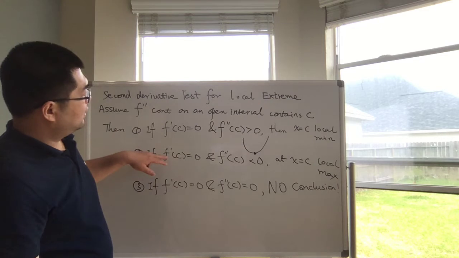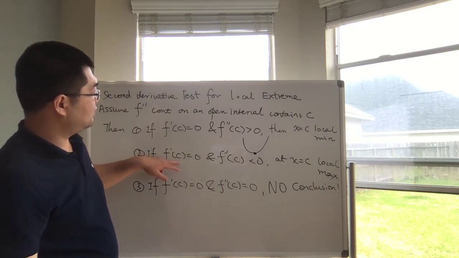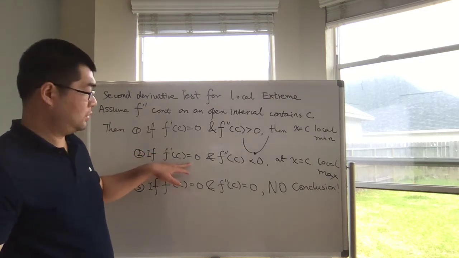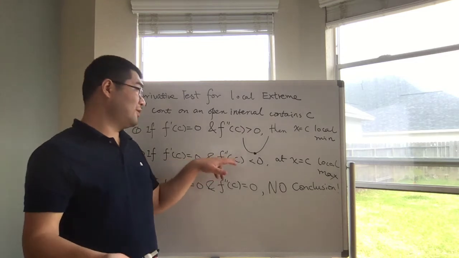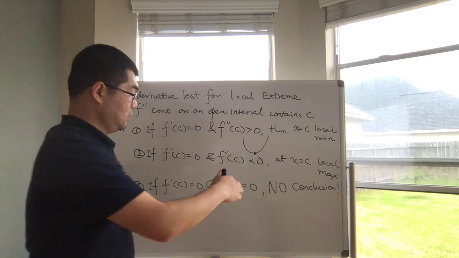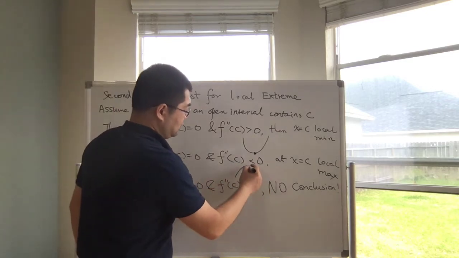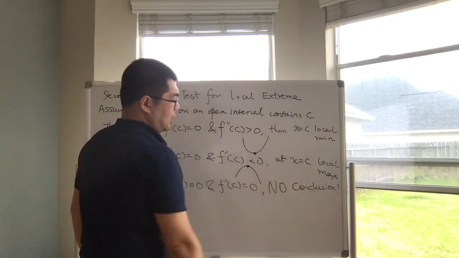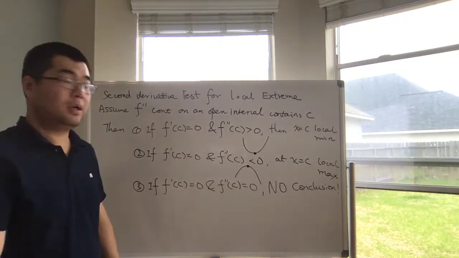Second case, if f prime evaluated at c is 0, again a critical point, and the second derivative evaluated at this point is less than 0, then it's concave down, so you have a local max.